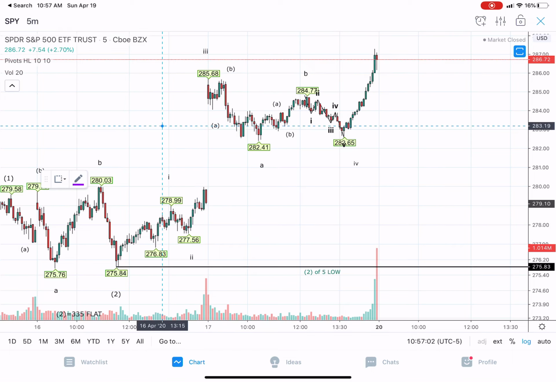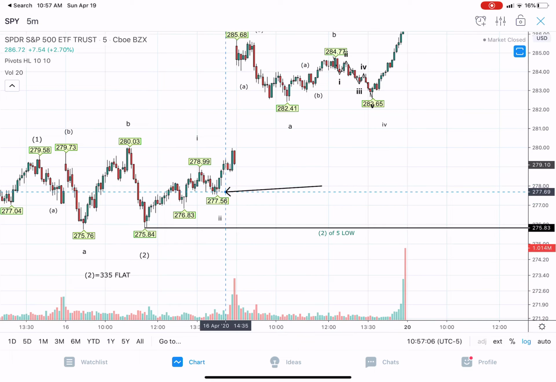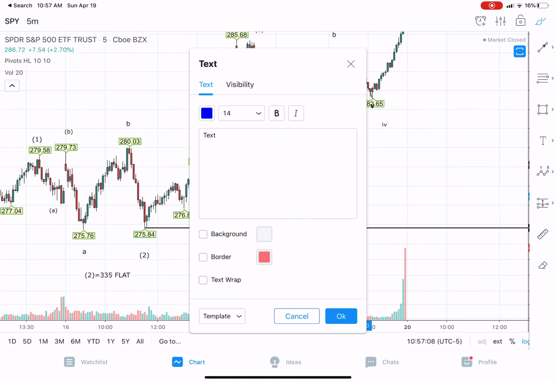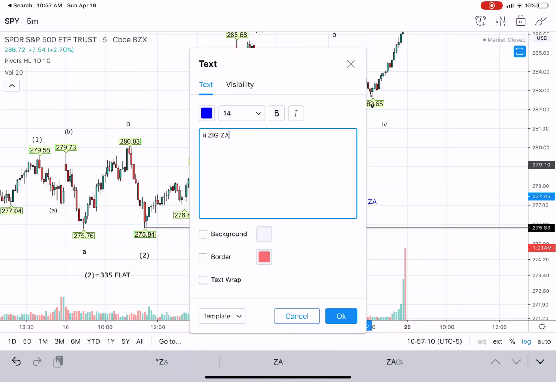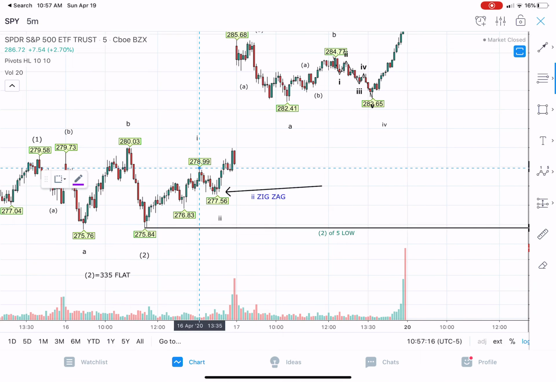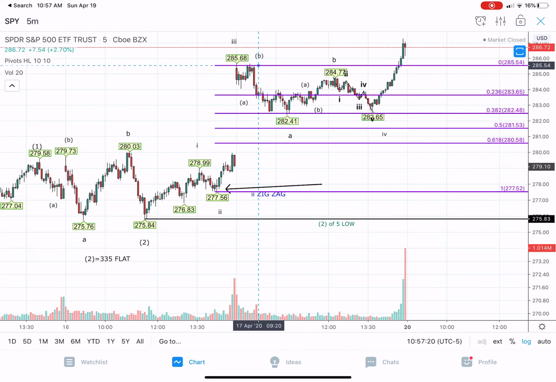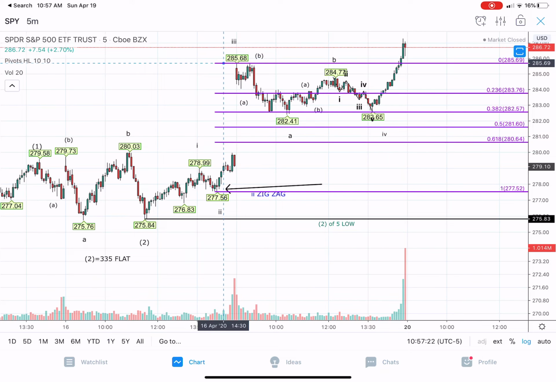Well, same thing here, guys. This was a zigzag. So now, knowing that, we would measure the wave 2 low here and extend it up to the high right here.